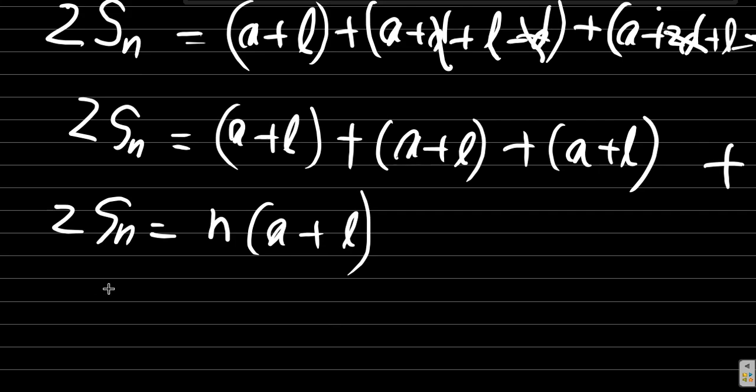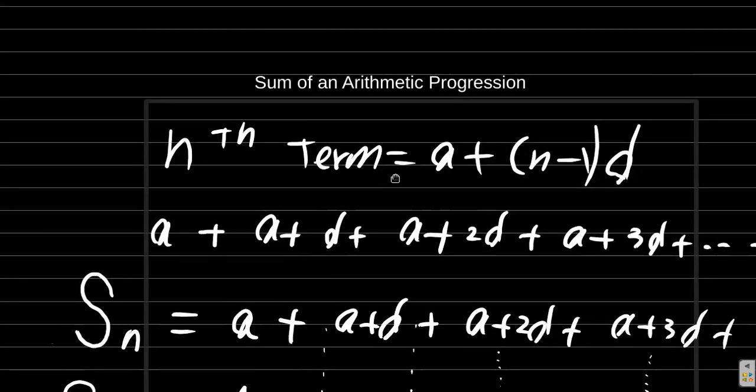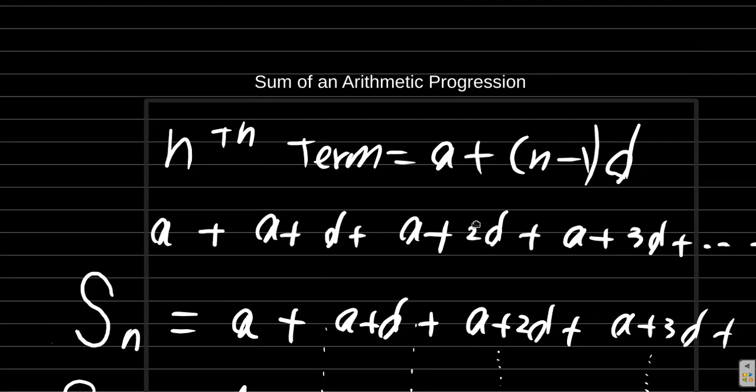Let's divide by 2. The sum of n terms is equal to n over 2 times A plus L. But remember, each term is in the form A plus n minus 1 D. So let's write L as A plus n minus 1 D.